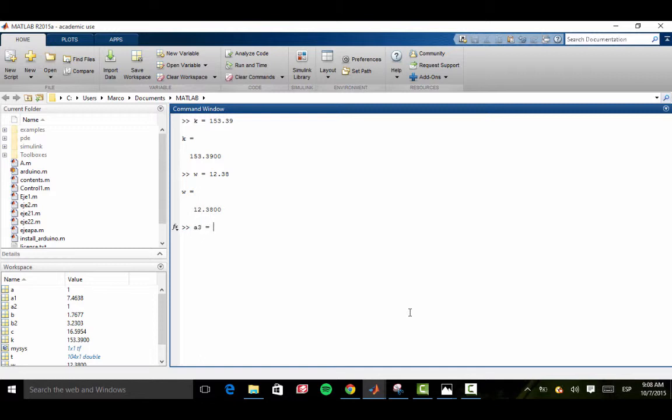The first coefficient will be a3, equal to 1. b3 is going to be equal to 2 times sigma, where sigma is 0.437, times omega n.